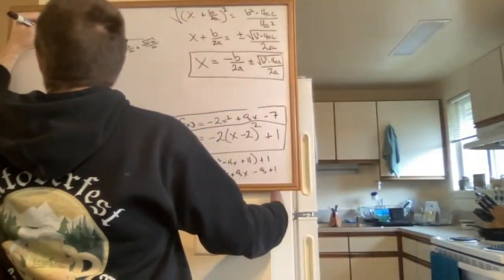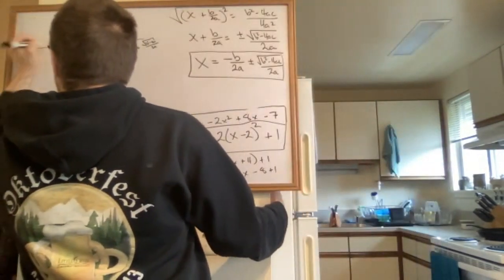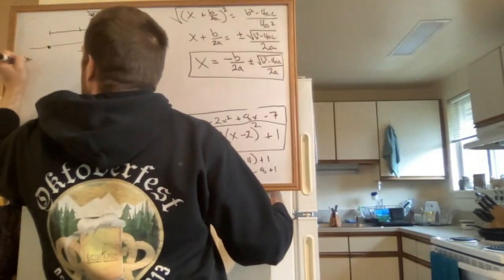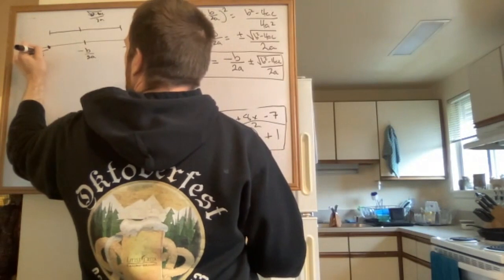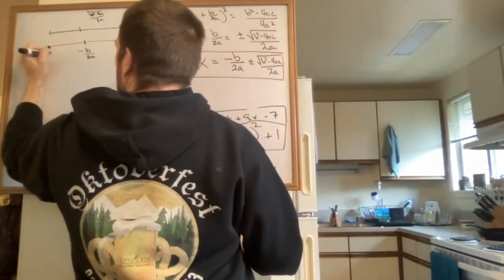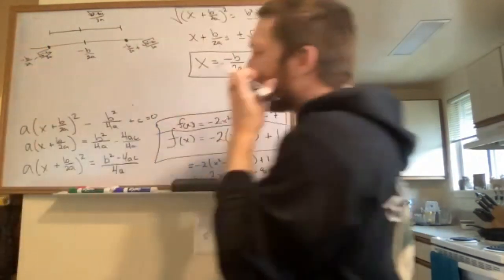And then the same distance to the left, where you end up at the point minus b over 2a minus that amount, whatever it happens to be, the square root of b squared minus 4ac all over 2a.